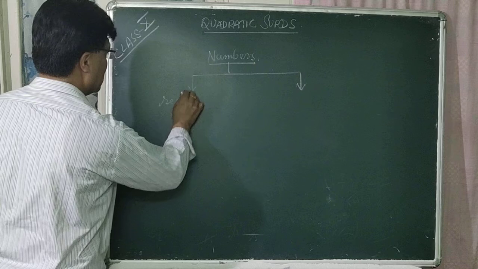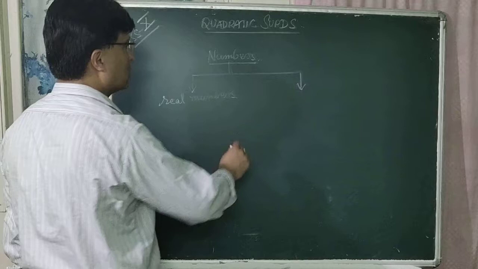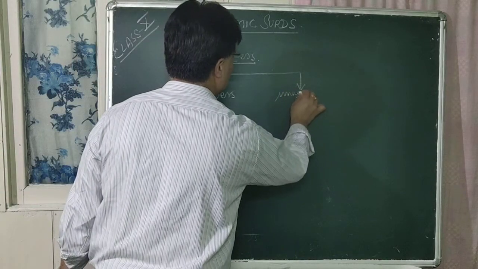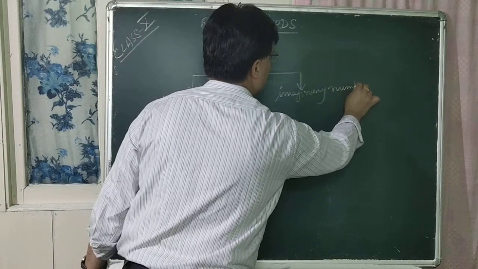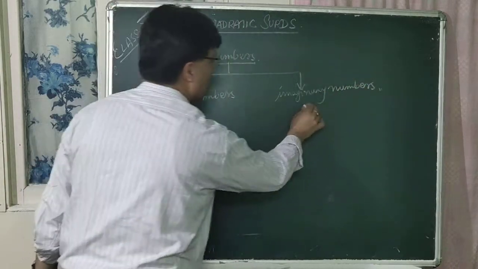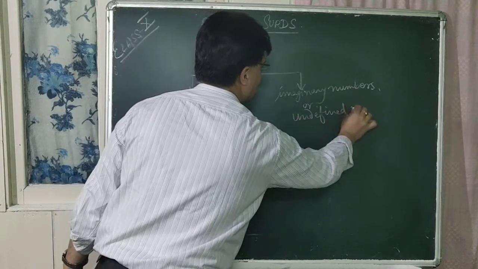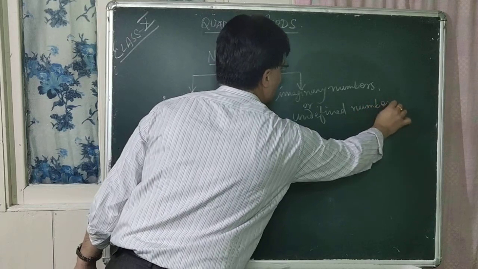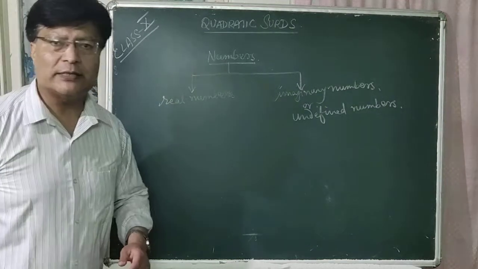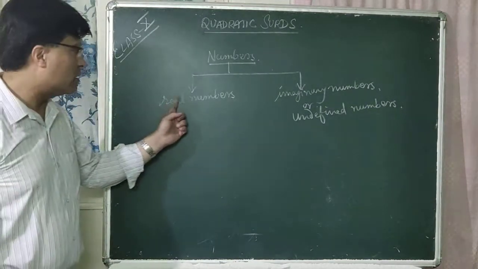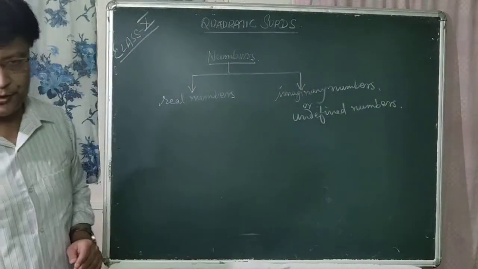One is real numbers and the other one is imaginary numbers or undefined numbers.